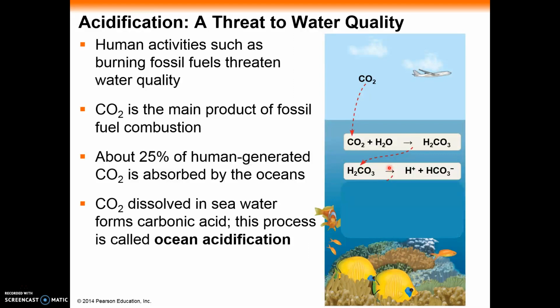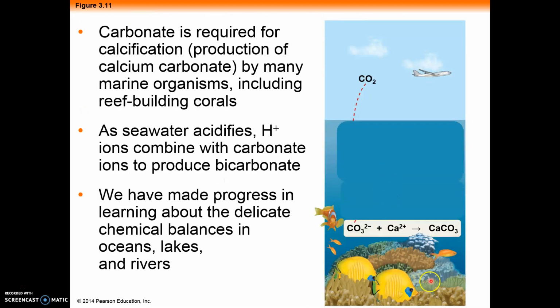This is an additional problem because there are creatures in coral reefs, the corals themselves, that build hard exterior shells by taking a carbonate ion and combining it with calcium to produce calcium carbonate.